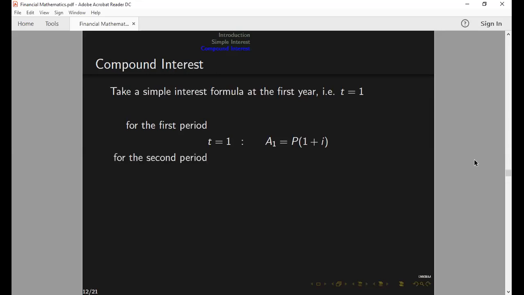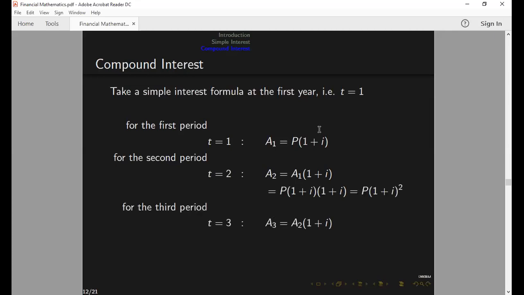On the second year, what is the time difference between the first year and the second year? It's 1. And this is the one that we add in the place of T on the simple interest. And what is our principal? Our principal now is no longer the initial investment. Our principal becomes the money that we received in the previous year, which is A1. A1 is that amount that we have over there, which we add, and then we've got that. And then for the third period, we've got this same rule.